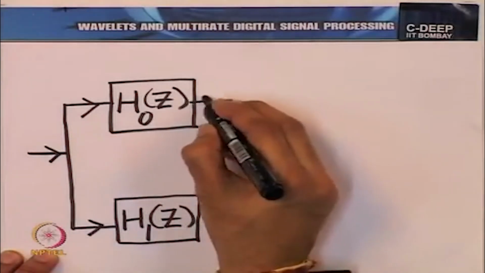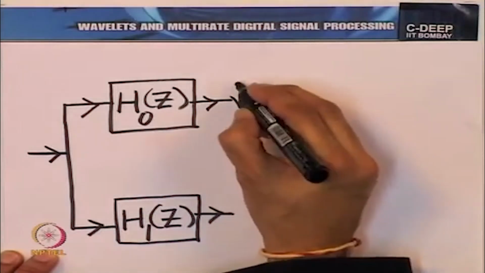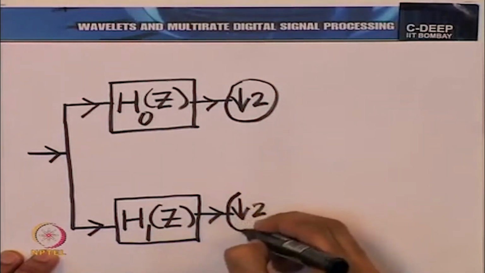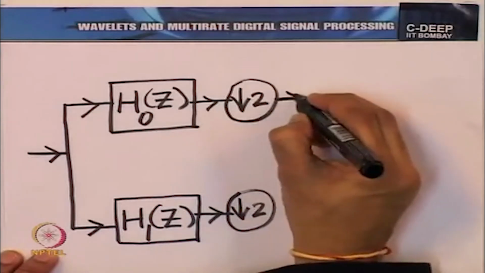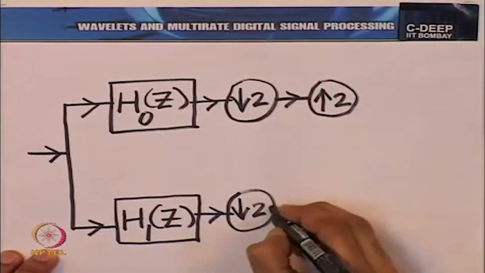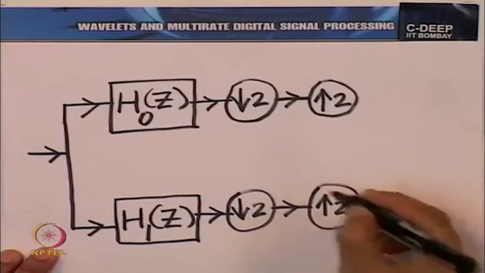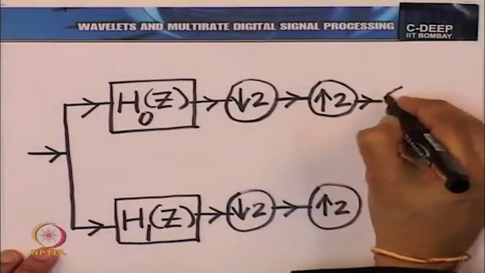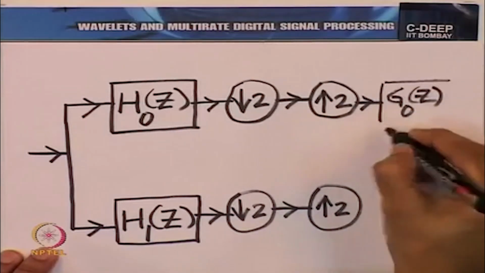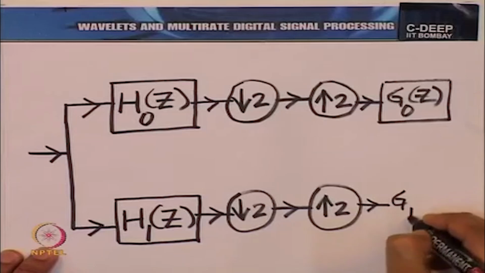So, on the analysis side, we have two filters, the low pass analysis filter and the high pass analysis filter, followed by downsampling operations. On the synthesis side, we have first the upsampling operation, followed by the synthesis low pass filter and the synthesis high pass filter.